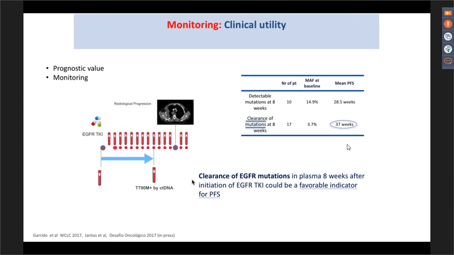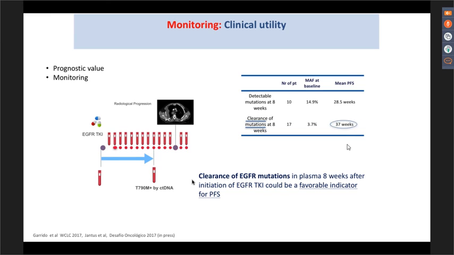And the question now is, is there any clinical utility in the monitoring of mutation in this type of EGFR mutated patient undergoing TKI treatment? And the answer is maybe.